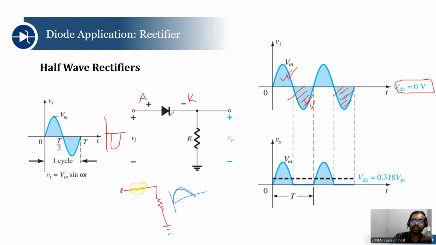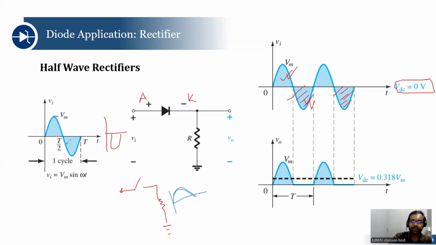That means the diode has gone to the reverse bias condition. And in reverse bias condition, the diode will act as an open circuit. So in this case, the circuit will be like this. This is the open-circuited diode, and this is the resistance.